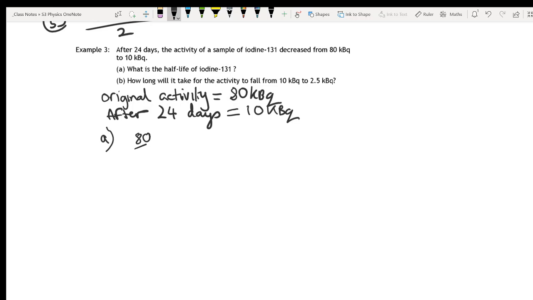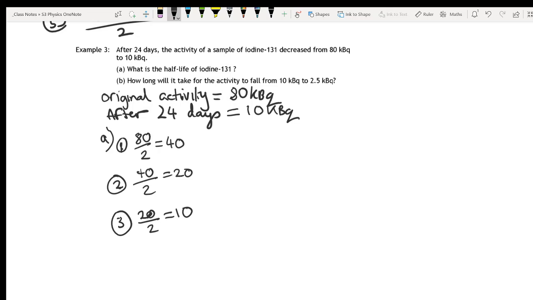80 divided by 2 is 40, so that's 1. 40 divided by 2 is 20, that's 2. And 20 divided by 2 is 10. So we've had 3 half-lives passed in 24 days.